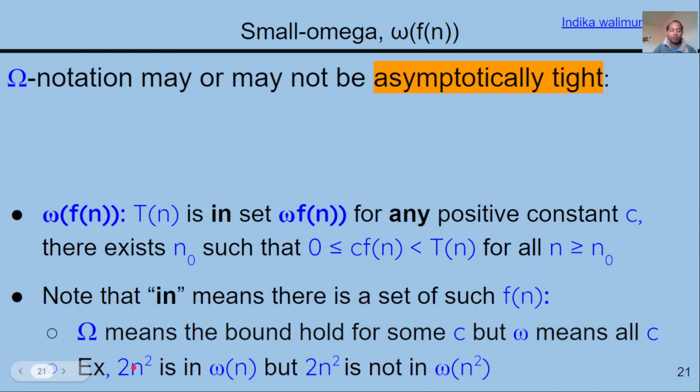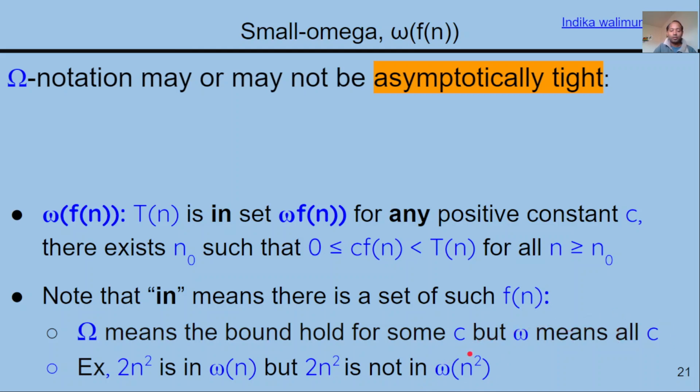So this is an example. 2 times n to the power 2 is in small omega of n. But 2 times n to the power 2 is not in small omega of n to the 2. This holds only for some constant, not all constants. That's what we say over here.